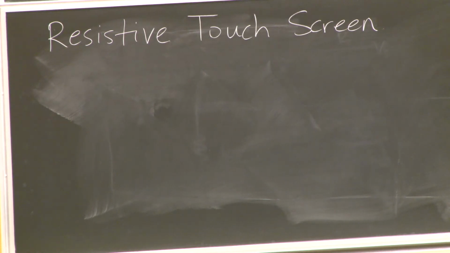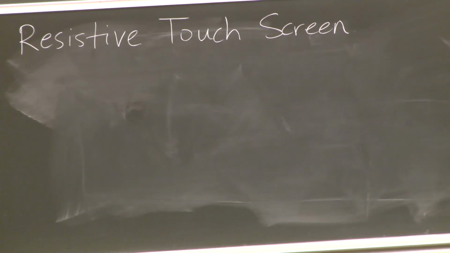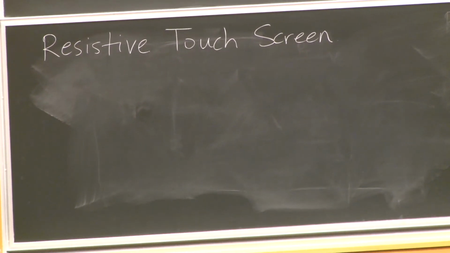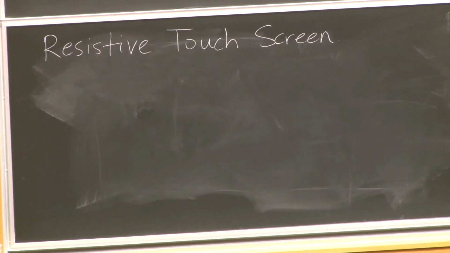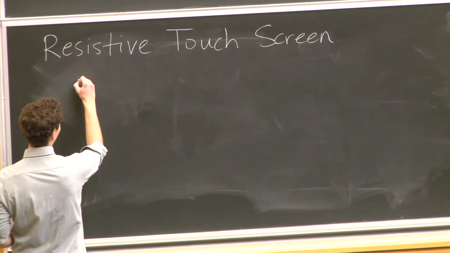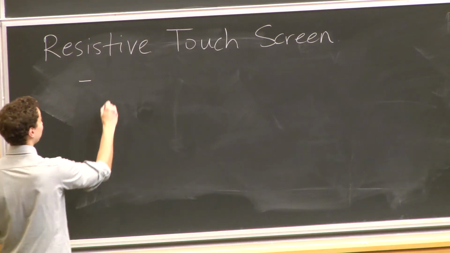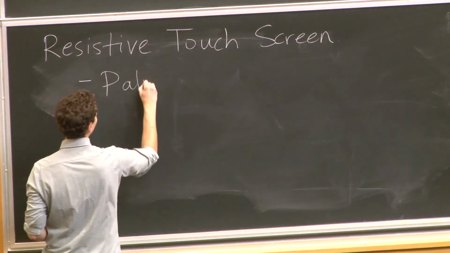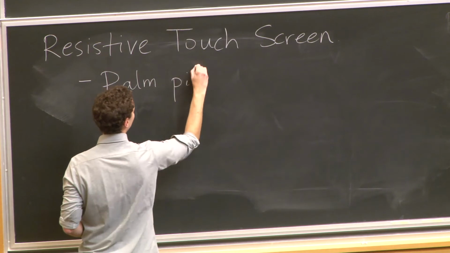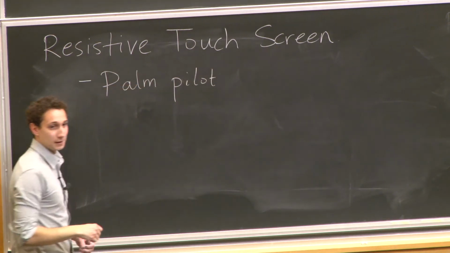Do any of you guys actually have a device that has a resistive touchscreen? Or have you even heard of a device that has one? I wouldn't be surprised if no one's even seen one before. So one example from a really long time ago, definitely before you guys' time, is the Palm Pilot. That's one.